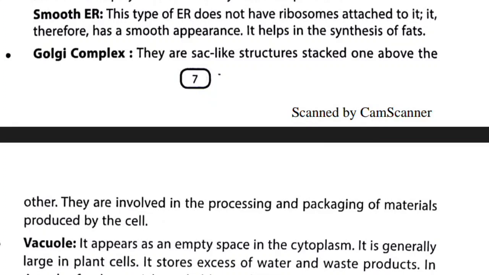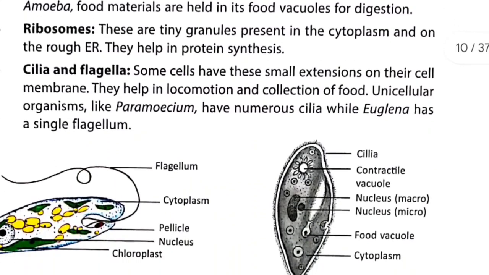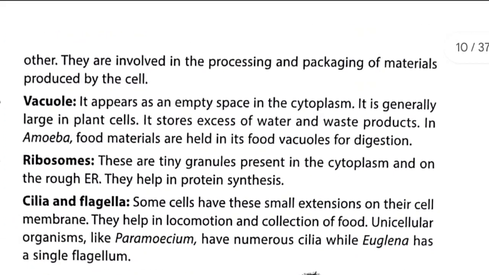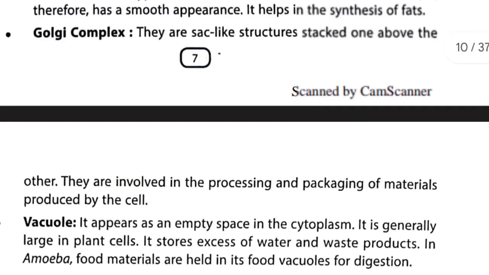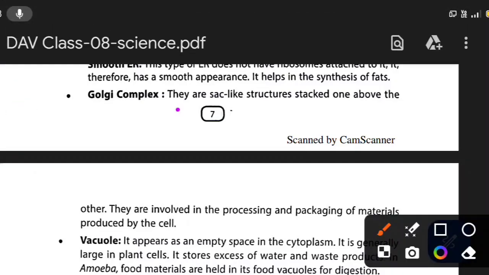But today we'll discuss the rest: Golgi complex, vacuole, ribosome, cilia, and flagella. First, Golgi complex. What is Golgi complex? Golgi complexes are sac-like structures.